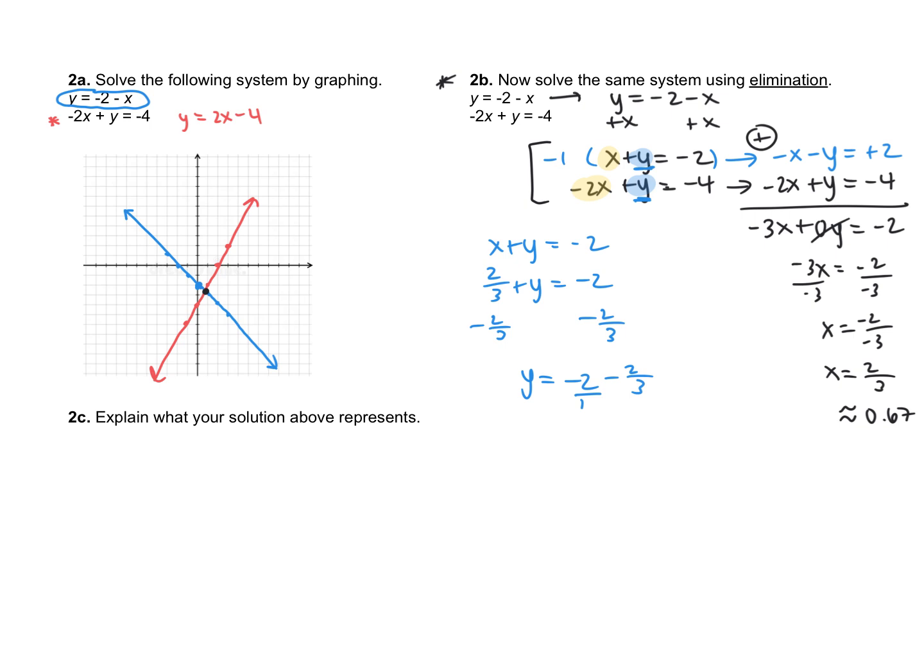So what am I going to do to that -2? Okay, if I need a denominator of 3, I'm going to multiply by 3. So that will give me -6/3, subtract 2/3, which is -8/3. So my solution is 2/3, -8/3.